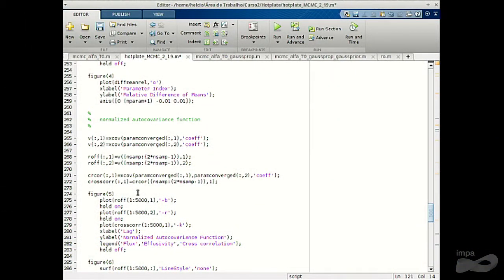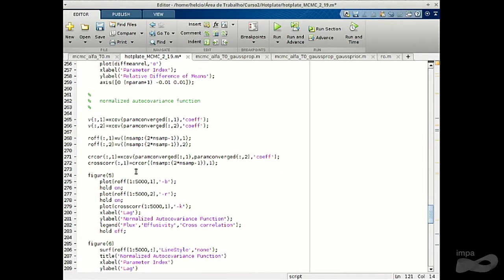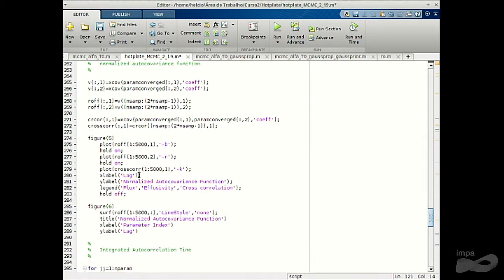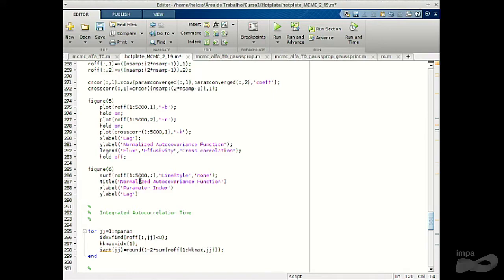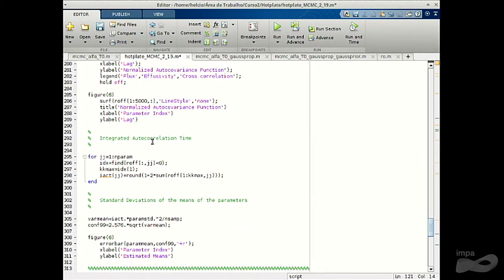And then I also compute the cross correlation between the two chains. This is a figure of the autocovariance function for each chain, and also the cross correlation function. And I compute the autocorrelation time.